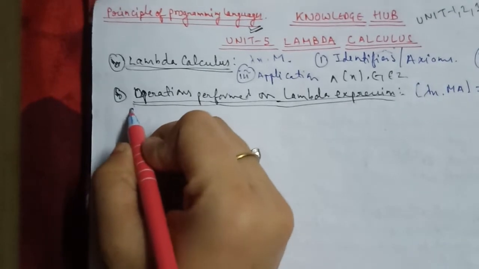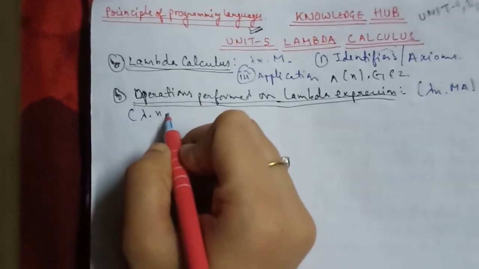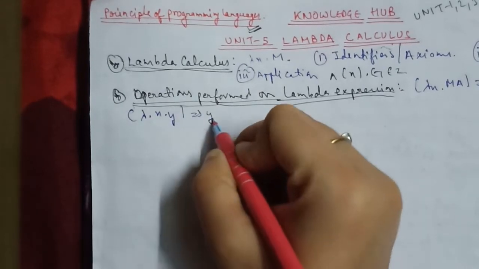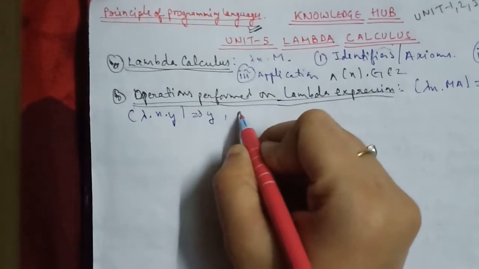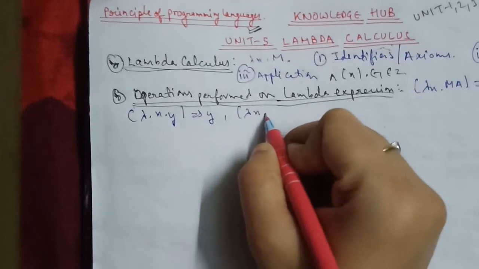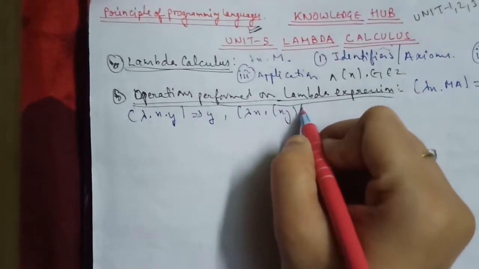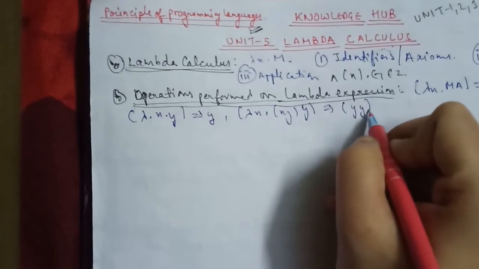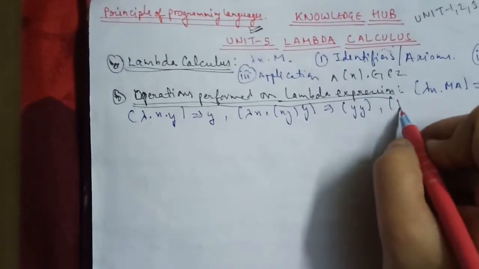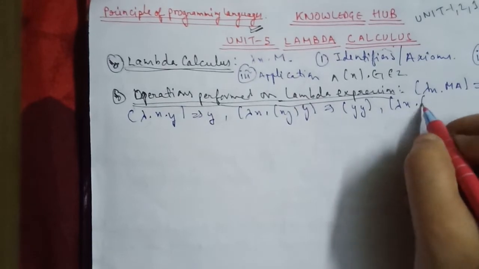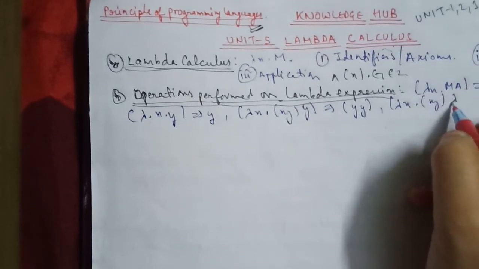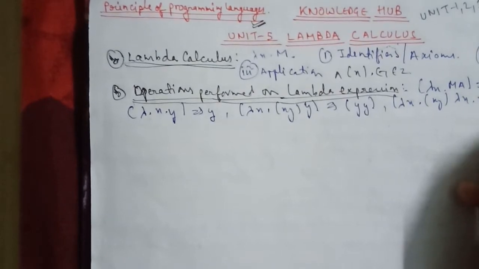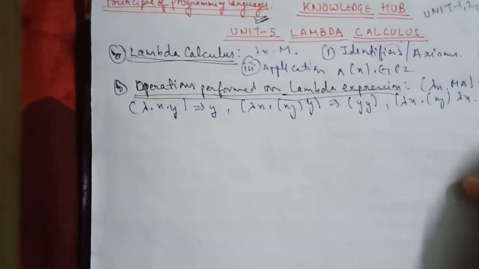Lambda x dot x y applied to y tends to y, and lambda x dot x y applied to y gives you y y. Here, lambda x dot x y applied to lambda x dot x tends to give you lambda x dot x y, and that tends to y.